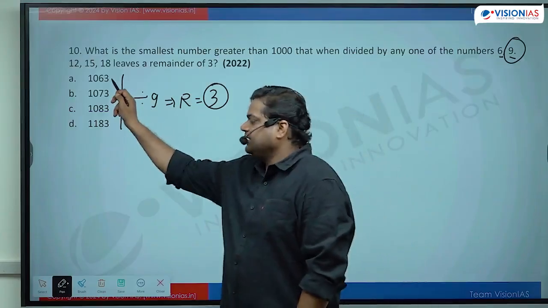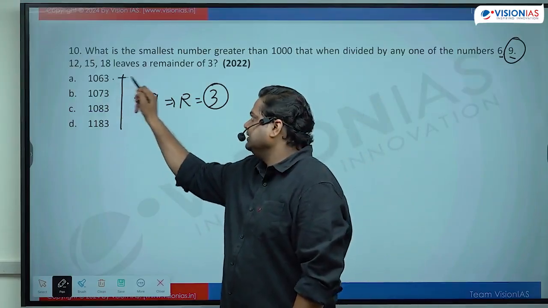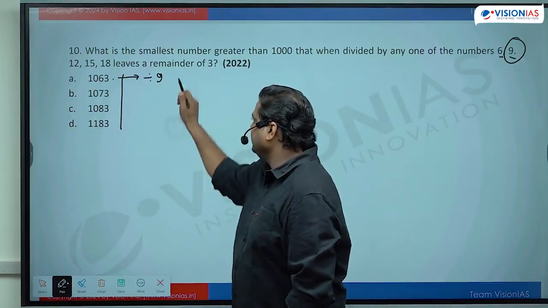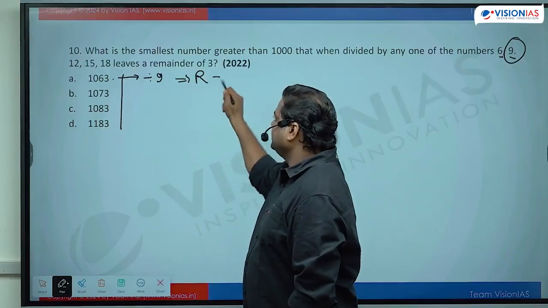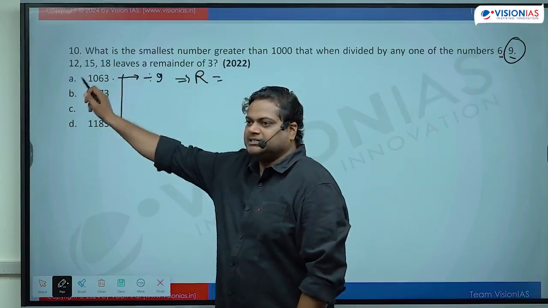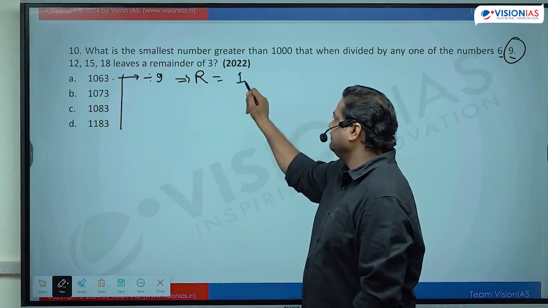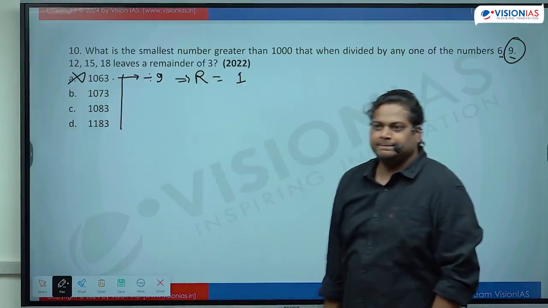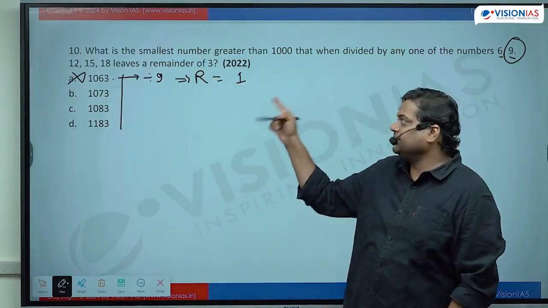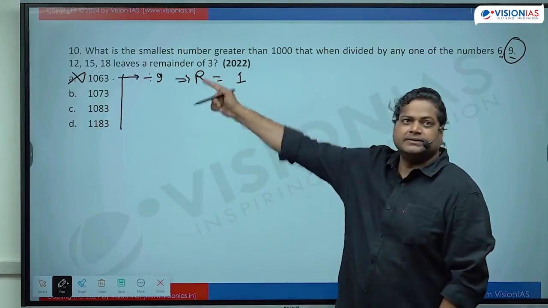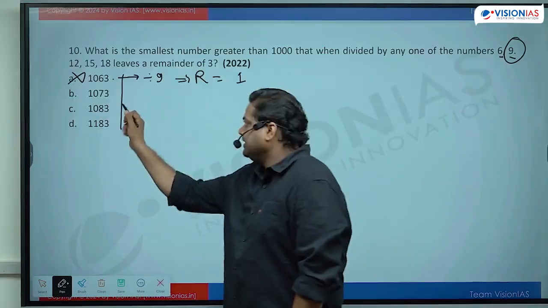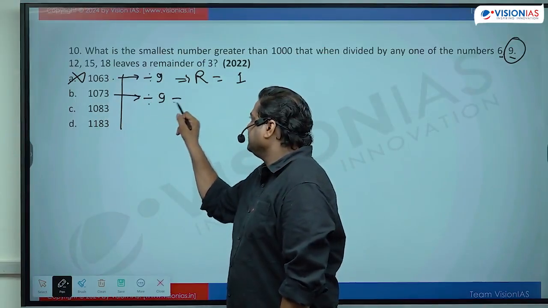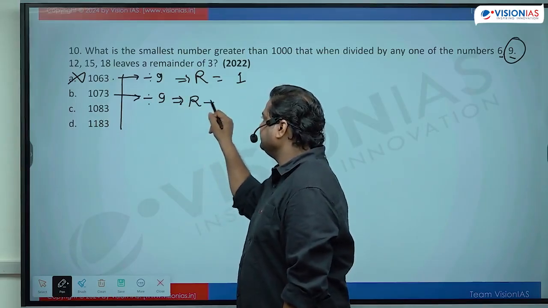If we take option 1, 1063, if we divide by 9, what are we getting? Sum of digits 6 plus 3 is 9, plus 1 is 10, by 9 remainder we are getting 1. This cannot be our correct answer because we are getting remainder 1 here. Remainder 3 आना चाहिए था. Then 1073 if we divide by 9, what remainder are we going to get? 2.